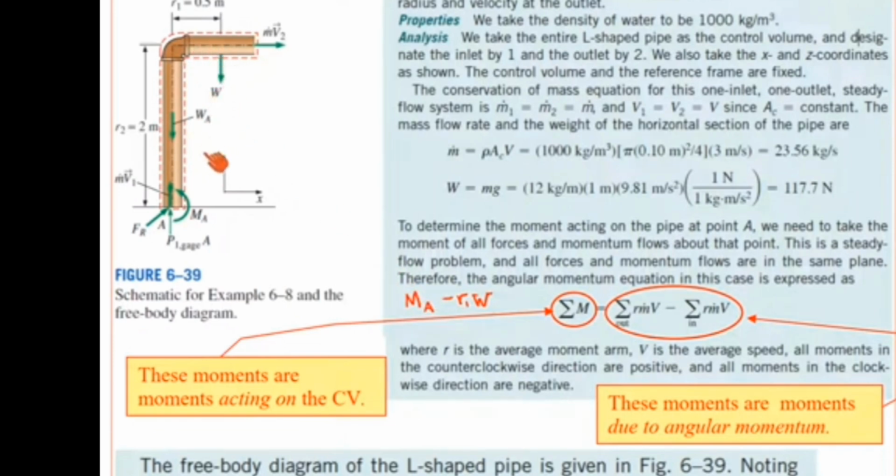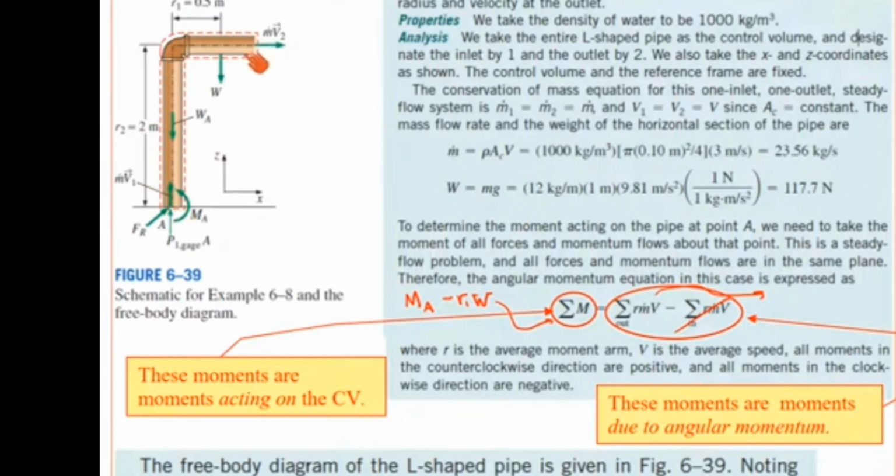There is an outlet with some m dot and some V and a moment arm R2 about point A. Since it's an outlet, this is positive in this case. In the clockwise direction, we include a negative sign here since all our moments are considered positive counterclockwise.